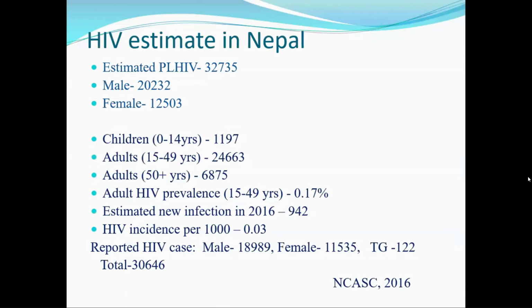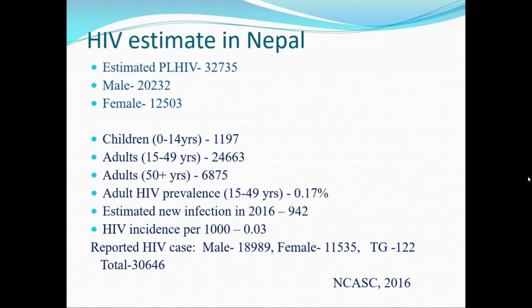But the estimated number of people living with HIV/AIDS is 42,735, according to NCASC, the National Center for AIDS and STD Control. Male 20,332, female 12,503.